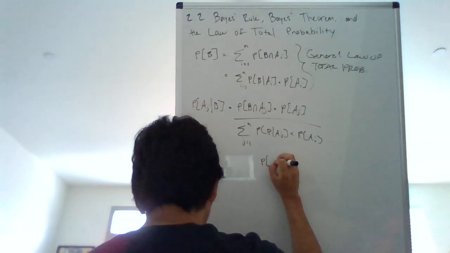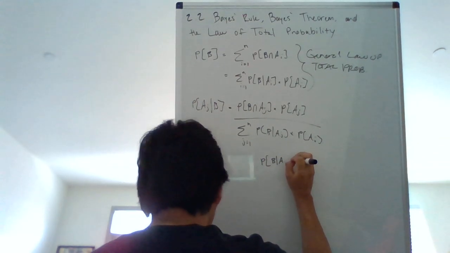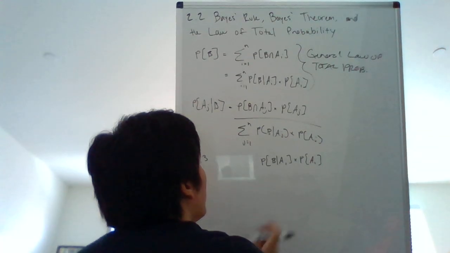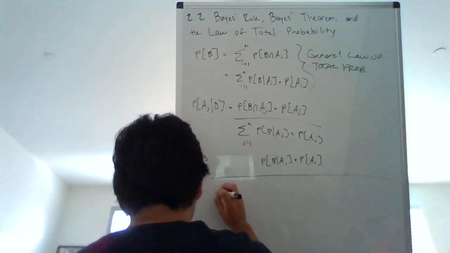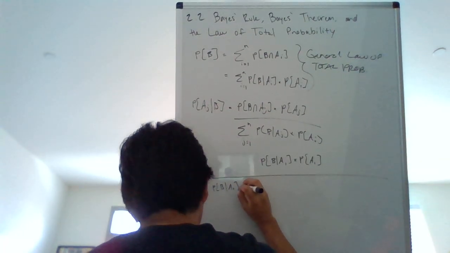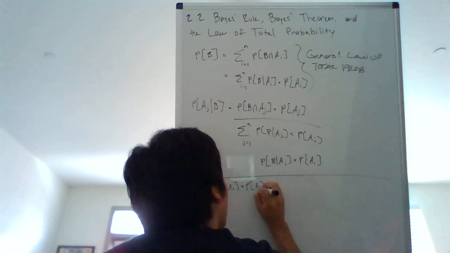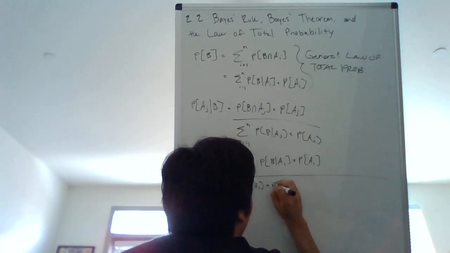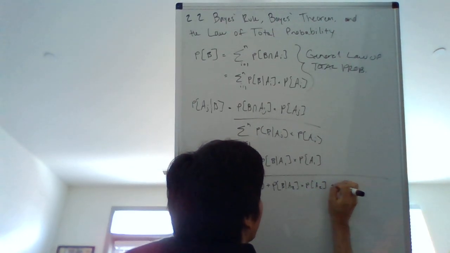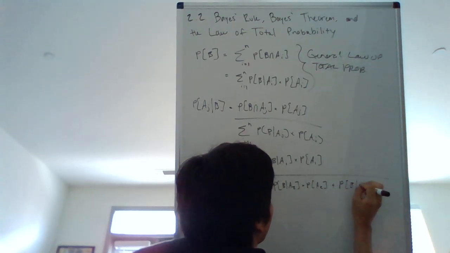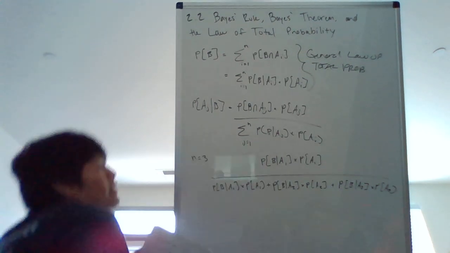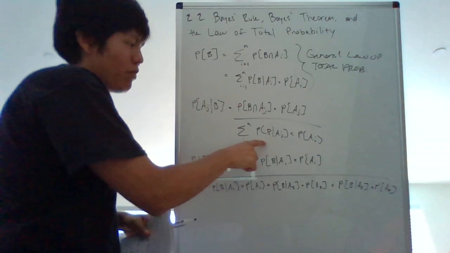The probability of B given A sub 1 times the probability of A sub 1, and all of this over the probability of B given A sub 1 times P of A sub 1 plus the probability of B given A sub 2 times the probability of A sub 2 plus the probability of B given A sub 3 times the probability of A sub 3. So that's what this extended form looks like.